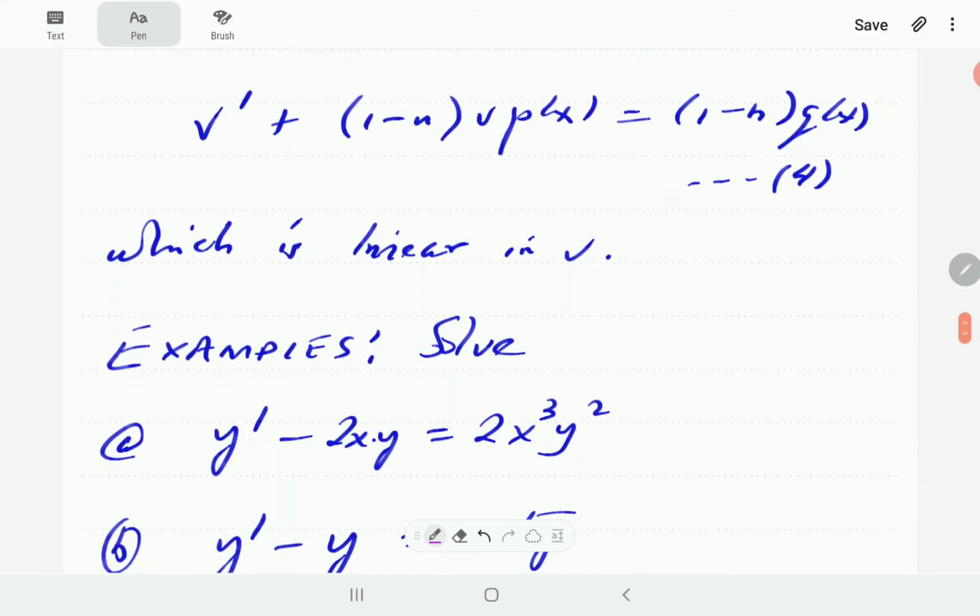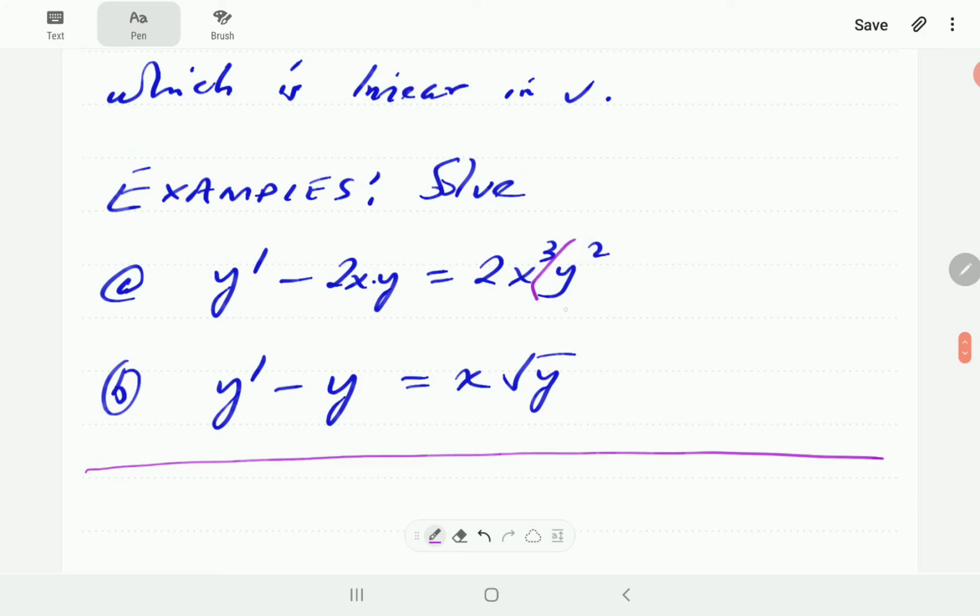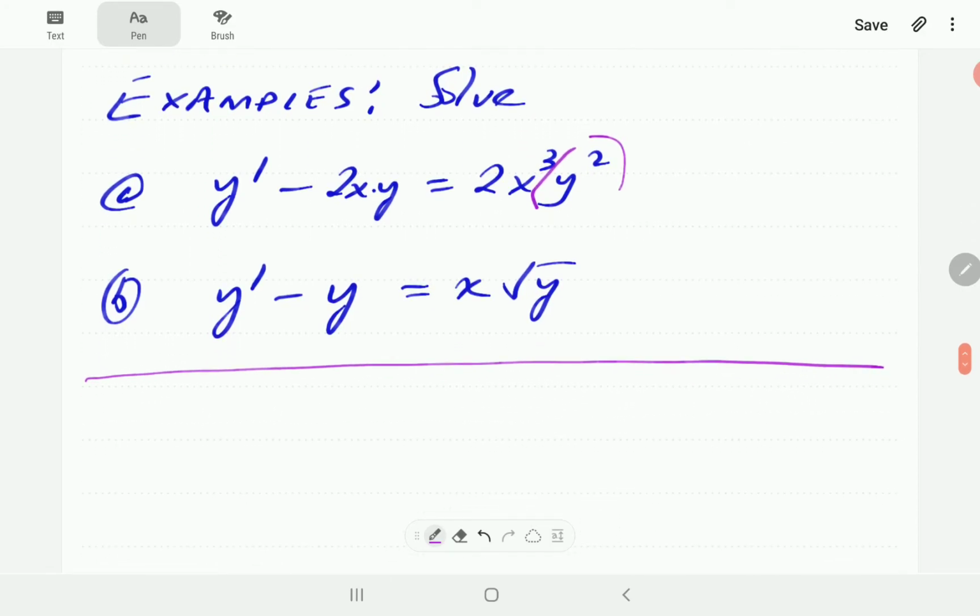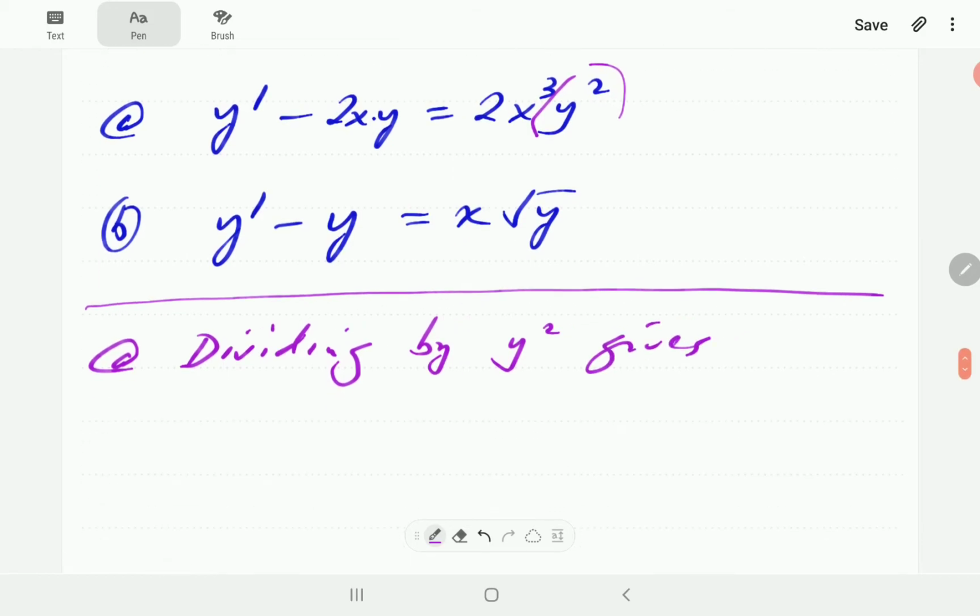So I'm going to do the same thing here. I'm going to first divide everything by y squared. Okay, so dividing by y squared gives, so we're going to have y to the minus 2 y prime minus 2x y to the power negative 1 is equal to 2x cubed.